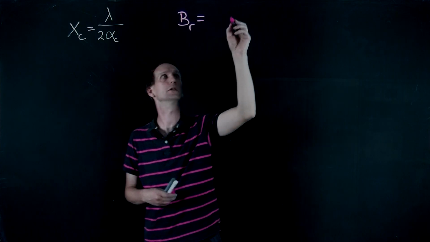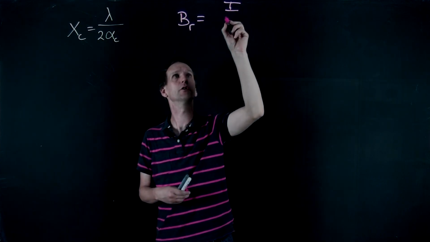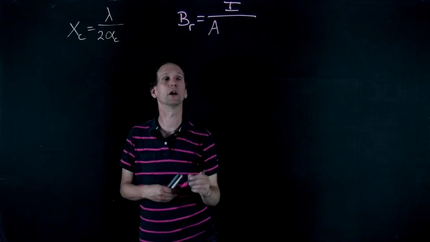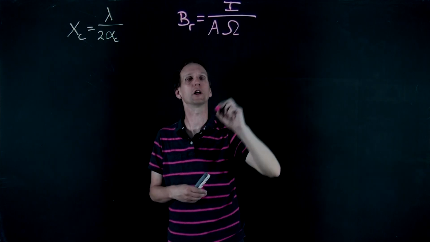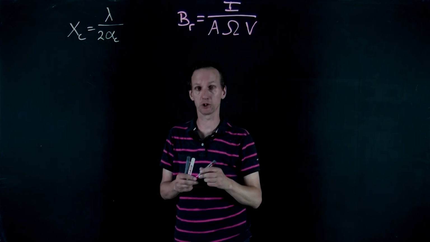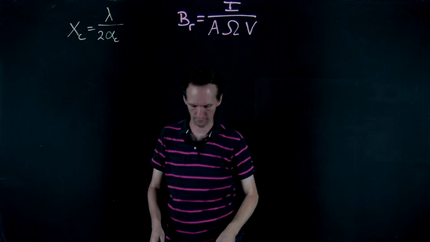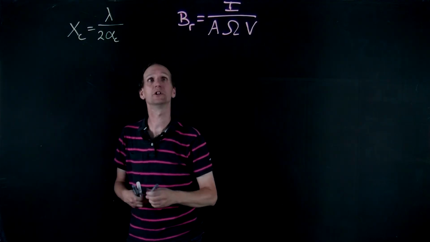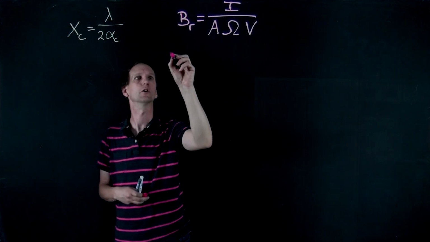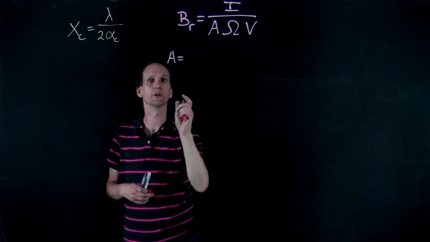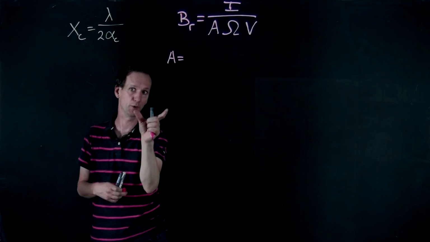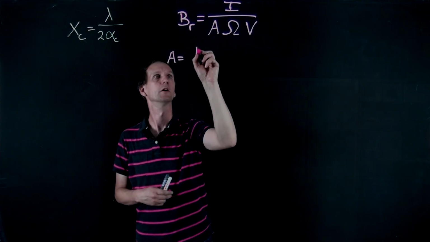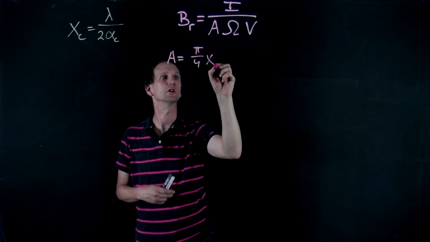Again, the reduced brightness is given by the current in the beam at the position where we evaluate it, over a certain area and a certain solid angle, traveling at a specific speed, so a specific potential V. If we look at a coherent size on the sample, a width on the sample in which the beam is still coherent, the area is given by pi over 4 times this coherence length.